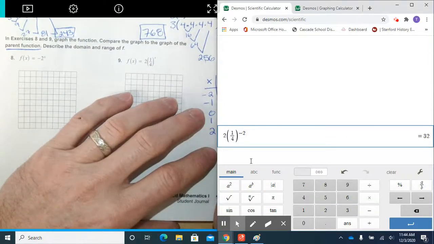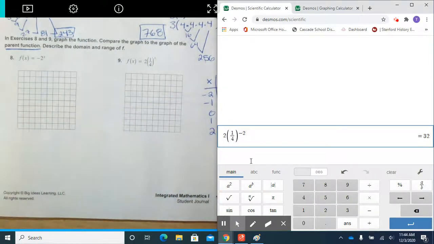Excuse me, I'm sorry. Make sure you put this as an exponent. Do you see how different my answers were? Here it is -2 as an exponent. And then here it is just -2. So make sure you have it as an exponent.